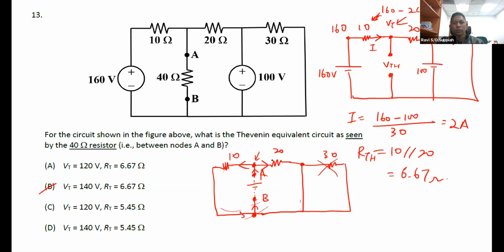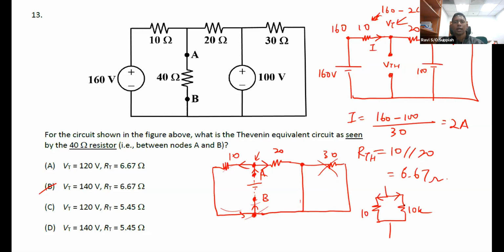For this 20 ohm current, when it reaches this point here, you will see 2 pathways. One is the short circuit path, the other is the 30 ohm path. The rule of current is that it will always take the easiest pathway. So when you have 2 resistors, if I have one is 10 ohm and one is 10 kilo ohm, you will see that the current through the 10 ohm is much higher than the current through the 10 kilo ohm.